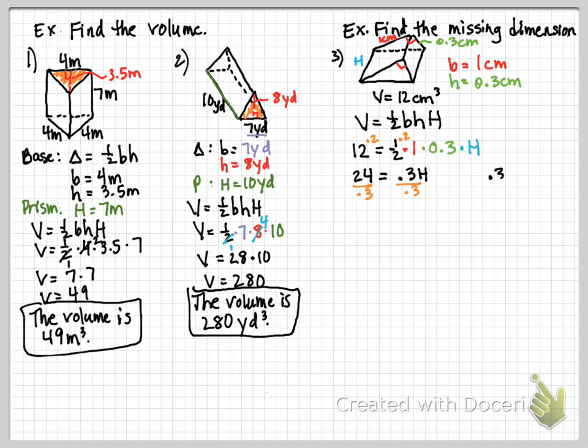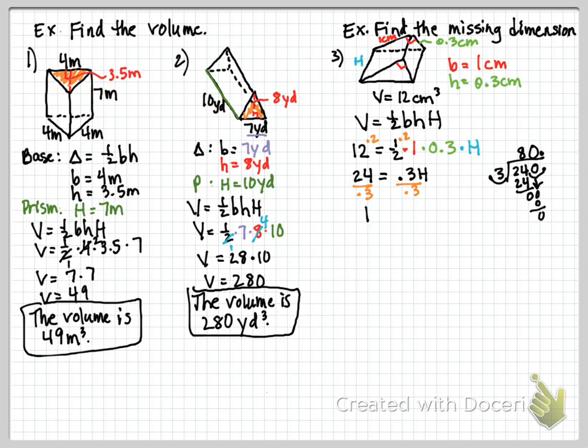So we have 0.3 dividing into 24. I can't divide by a decimal, so I'm going to move it over one spot, move it over one spot, bring it up, and fill up that blank with a 0. So 3 goes into 24 8 times evenly, and I have a 0 to bring down, and 3 goes into 0 0 times evenly. And there we are.